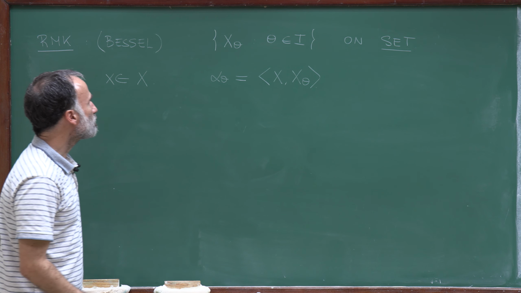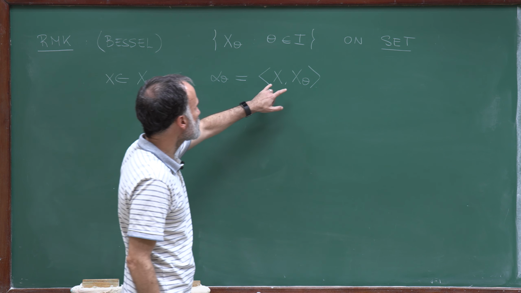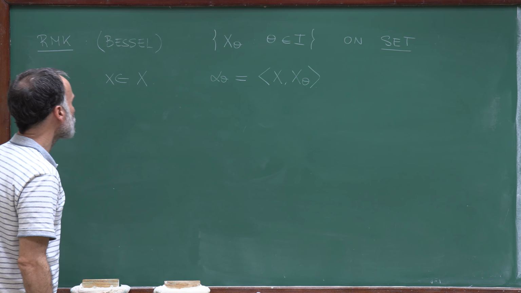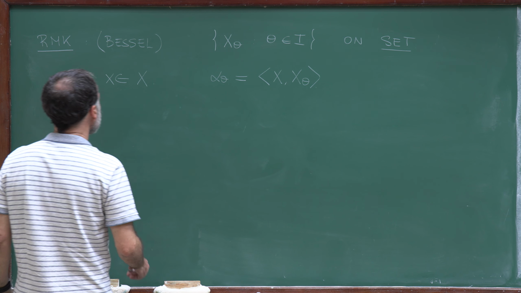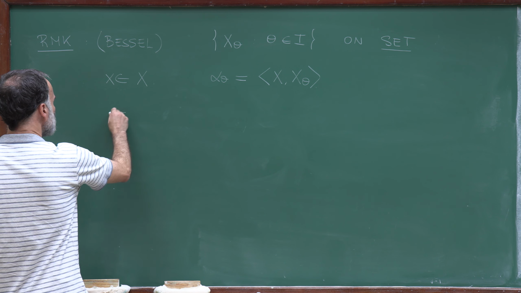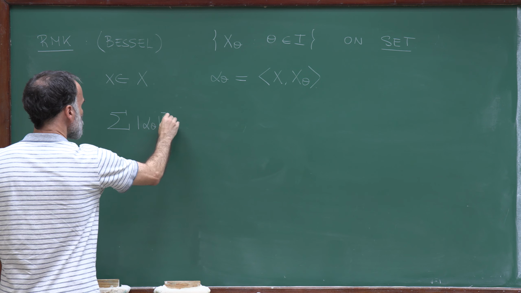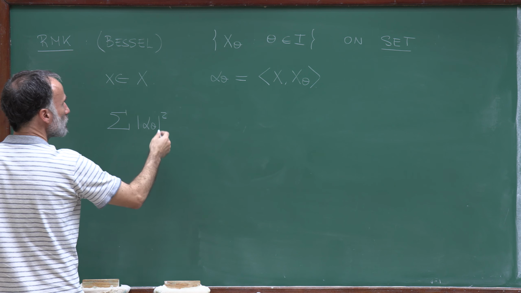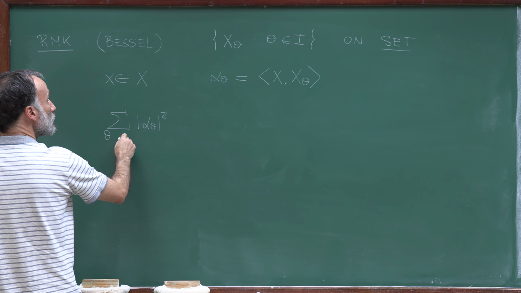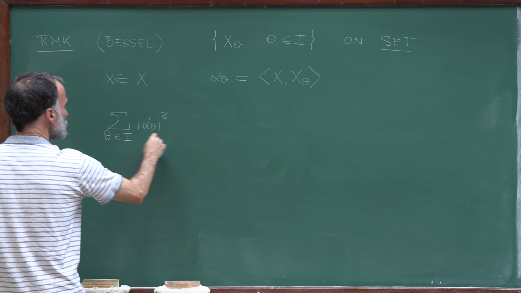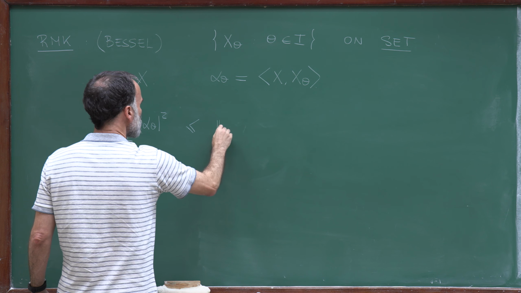We have seen that the family of thetas for which this is different from 0 is countable. And what we proved is that the sum of alpha_theta squared, theta in I, is bounded by the norm of x squared.